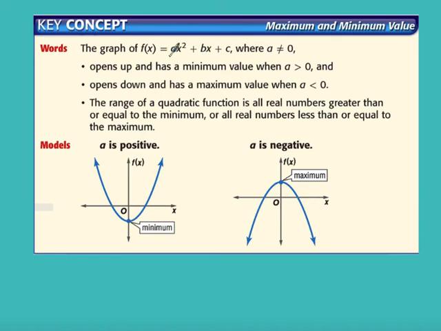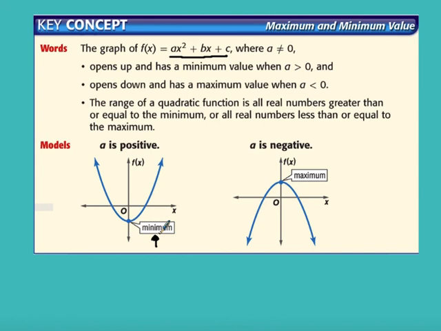So if we're looking at our standard function, ax squared plus bx plus c, what happens is when a is greater than 0, or when a is a positive number, my graph is going to open up, and that's going to create my vertex to be a minimum.